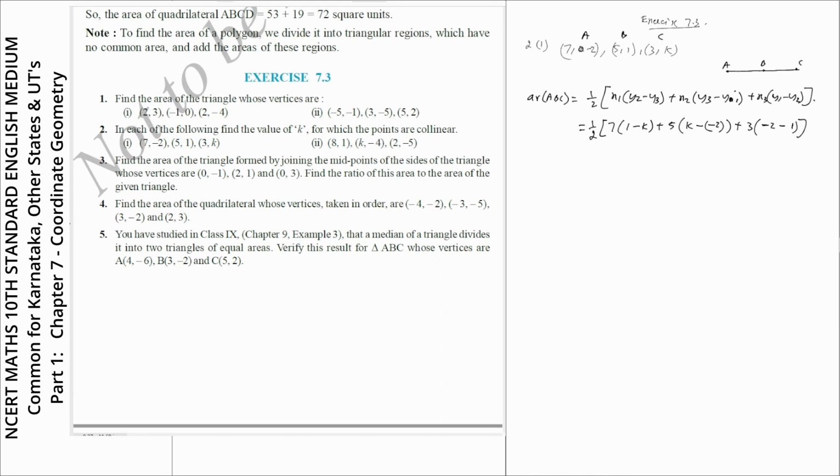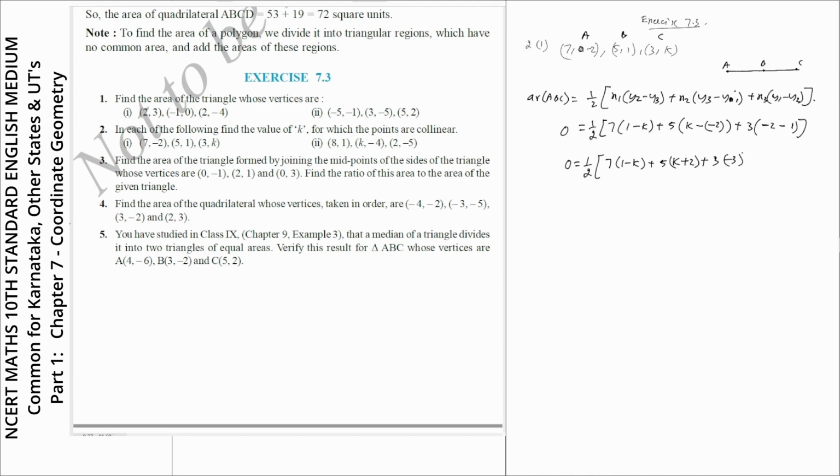So given that if they are collinear, then the area will be equal to 0. So I'll equate it to 0. So 0 is equal to half into 7 into 1 minus k, plus, so here 5 into k minus of minus 2, minus of minus 2 is plus 2, then plus 3 into minus 2 minus 1 is minus 3.